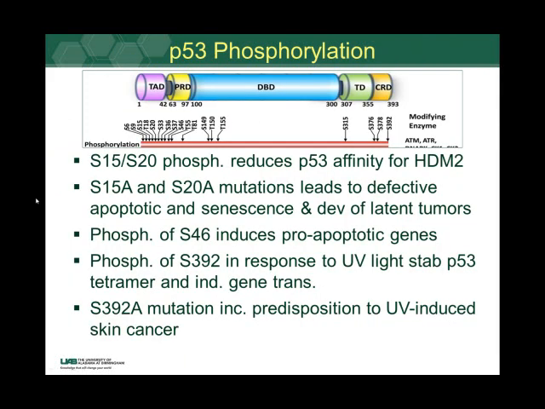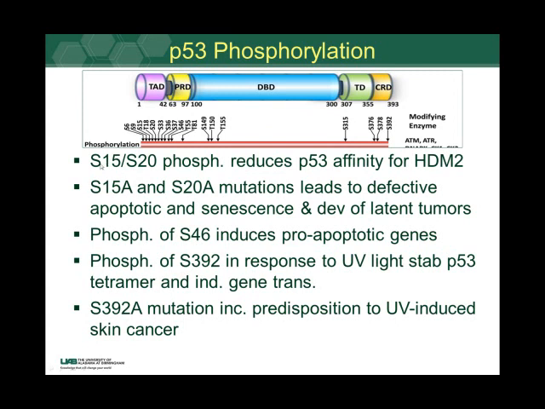Phosphorylation. There are a number of residues that are phosphorylated on p53, located in all of the regions, and phosphorylation occurs on serine and threonine residues. We'll talk about just a number of these, four of these serines.